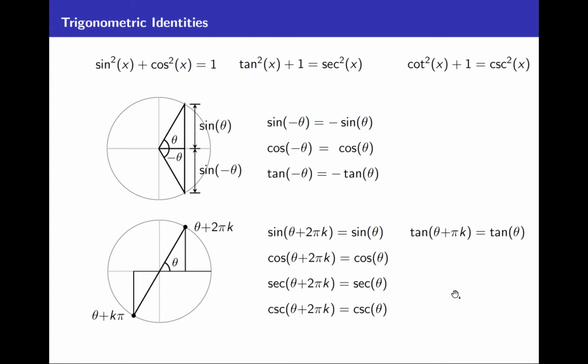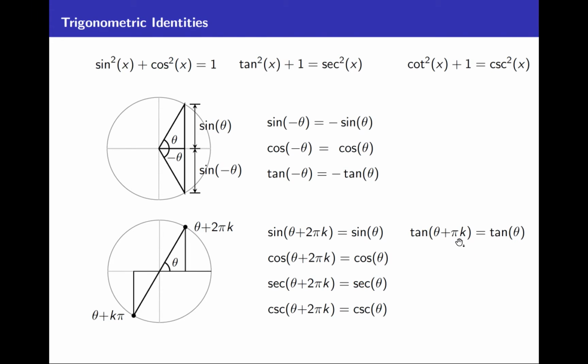So what we get here is that tangent of theta plus pi k is simply tangent of theta. So it's a little bit different from these other four equations that we got. And actually, this is an algebraic manifestation of the fact that tangent theta has period not 2 pi, but period pi.